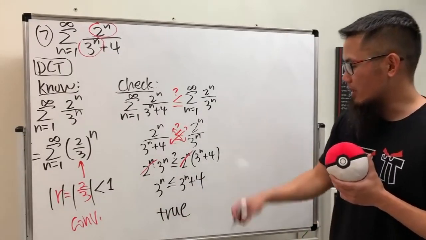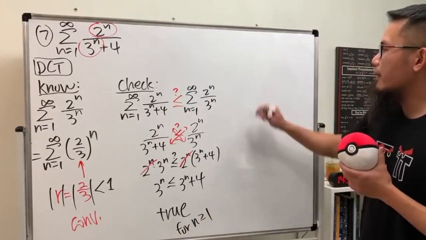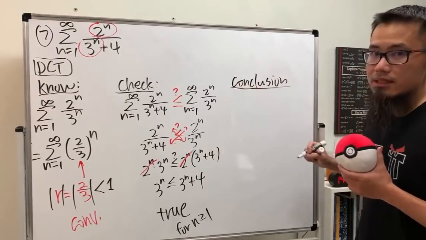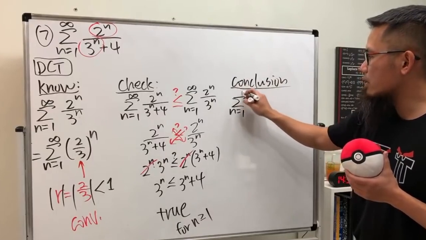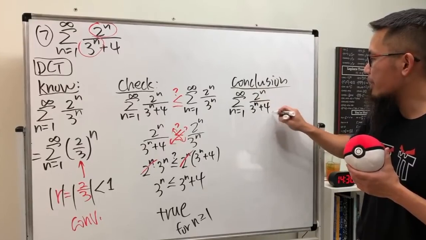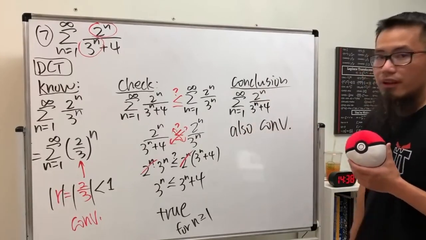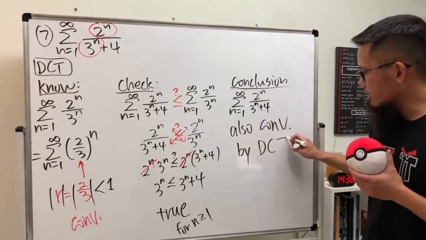It is true for all n greater than or equal to 1. So anyway, we can be happy. We can draw the conclusion. The conclusion is that the series that we are trying to do, 2 to the n over 3 to the n plus 4, also converges by the direct comparison test.